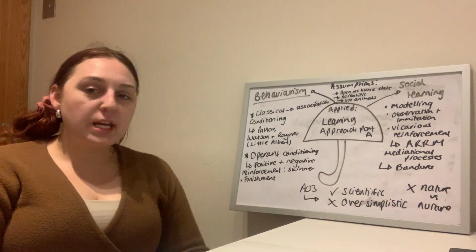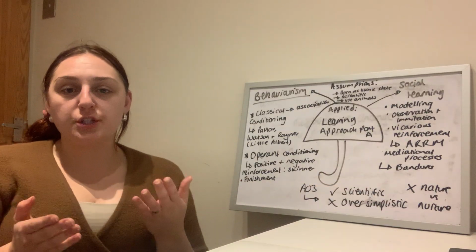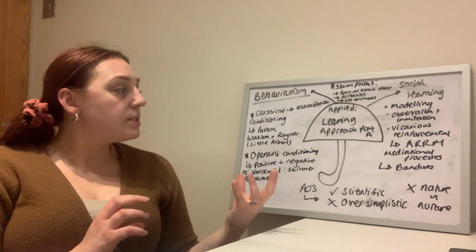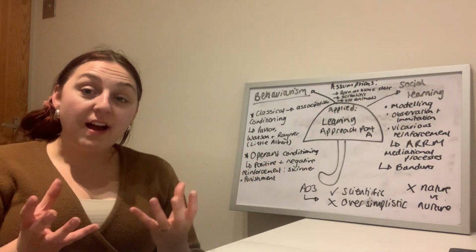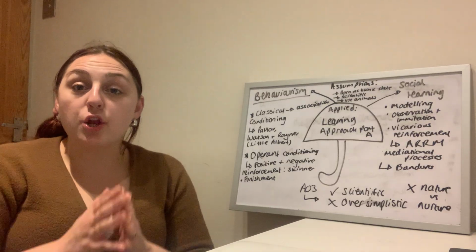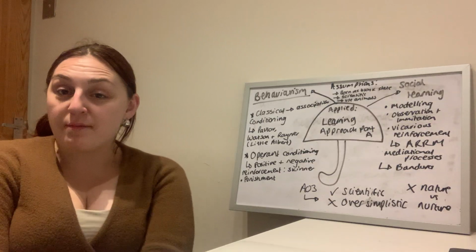And then finally, nature versus nurture is when we compare, well, in the nature-nurture debate, which side of the fence does this theory sit on? And because learning approach is all about the environment and not biological factors, this is very much a nurture-based approach, all about what we learn and develop from the environment.